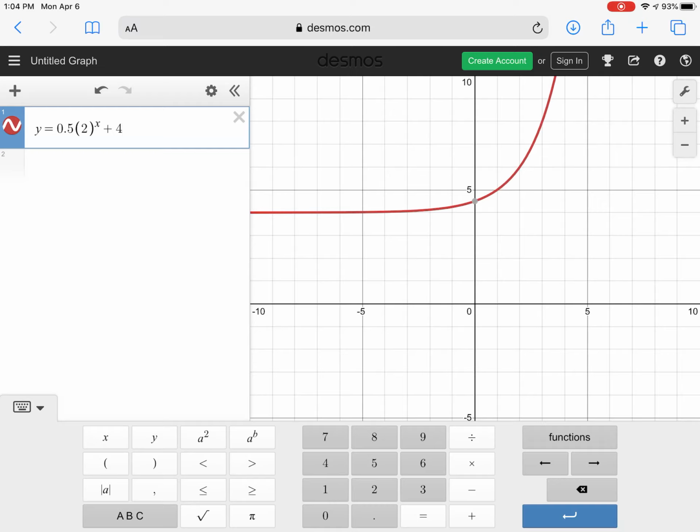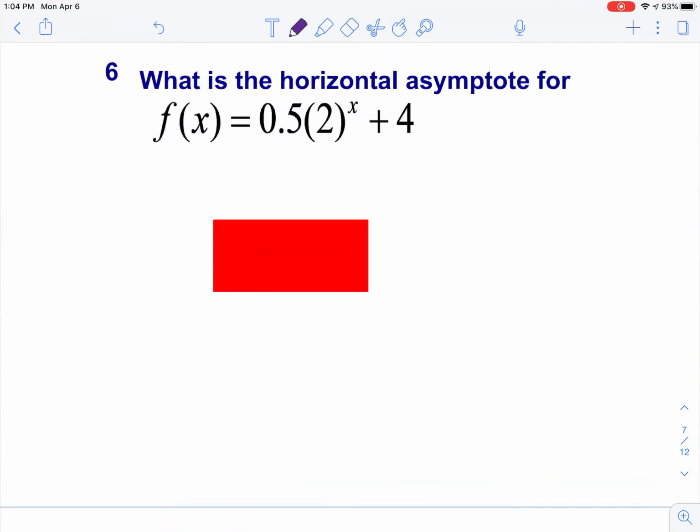Okay, so on this one, we're looking for our asymptote. And where does it look like our horizontal asymptote is going to be? It's going to be at 1, 2, 3, 4. So y equals 4 is our horizontal asymptote.